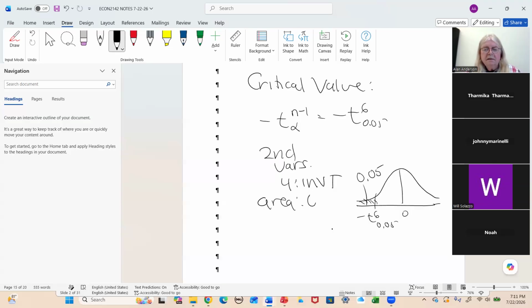Okay. And the degrees of freedom is 5, n-1. And that leaves us with negative 2.0.